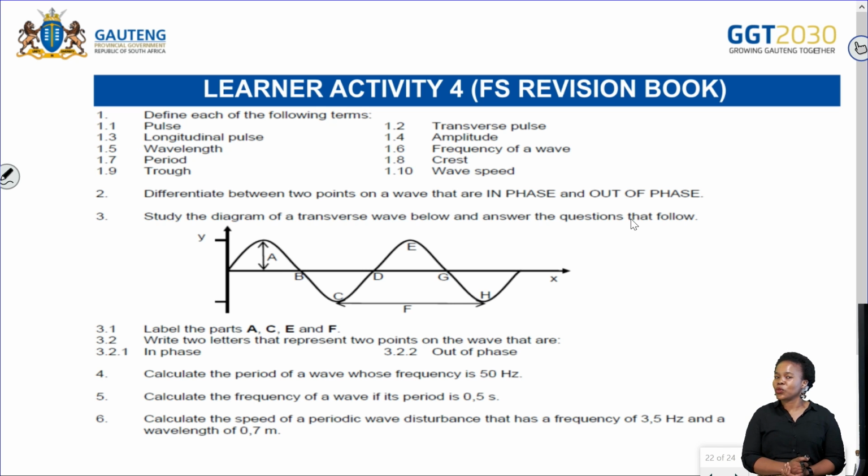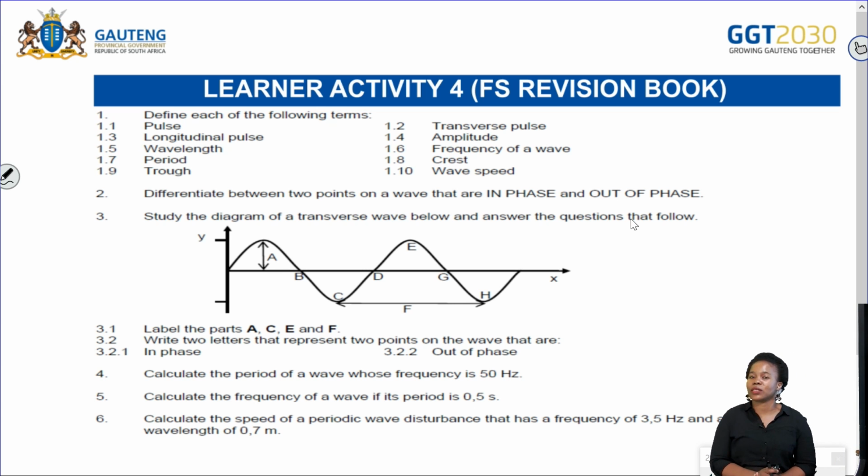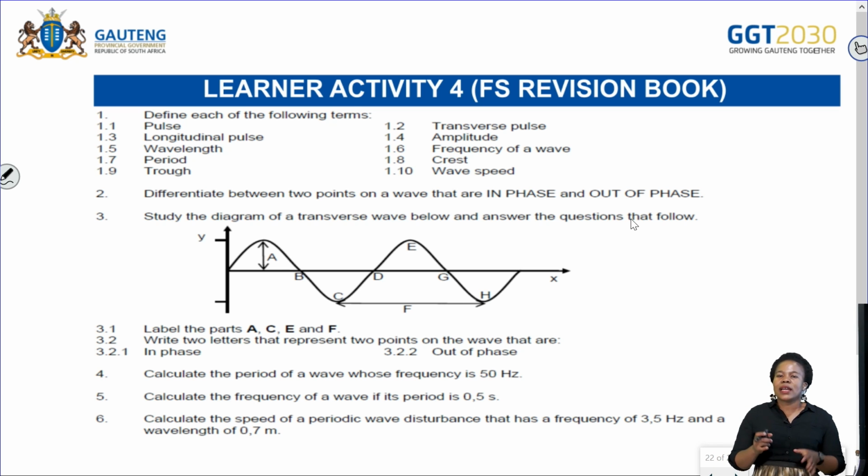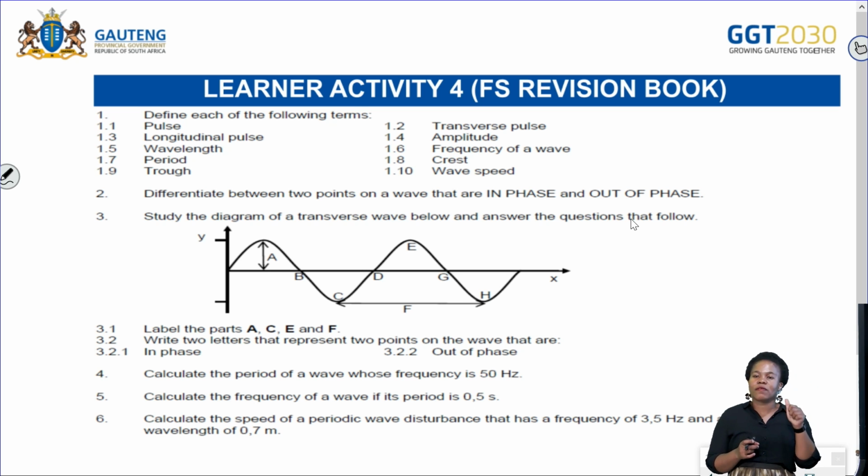Remember what I taught you in terms of studying the actual diagram that is given to you. So in this case, the y's are not labeled, the x's are not labeled. So we're just looking at the propagation of the wave itself. So label the parts A, C, E, and F. Easy peasy. Now, write 2 letters that represent 2 points that are on the wave that are in phase.